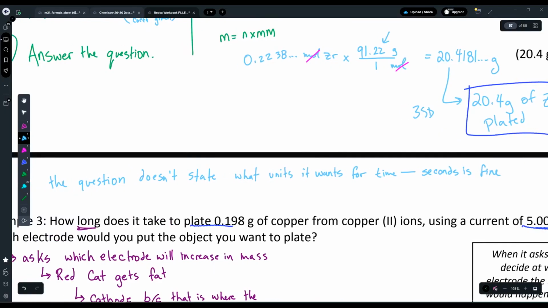Okay, so the question doesn't state what it wants for units. Seconds is fine.